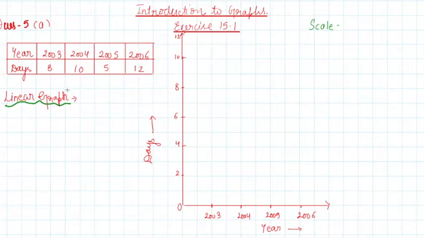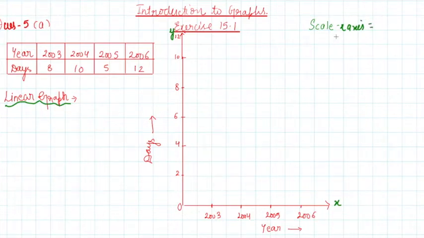So what I have done, we have taken year on the x-axis, which is your horizontal axis, and I have taken number of days on the y-axis, right? As I explained in my introduction video, it is very important to write the scale. For the x-axis, how many boxes represent 1 year?